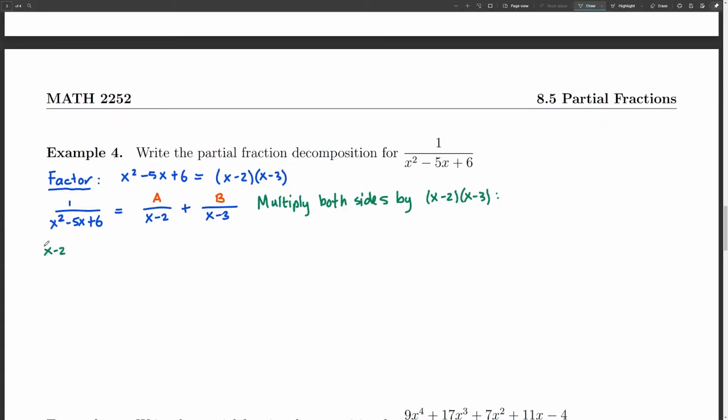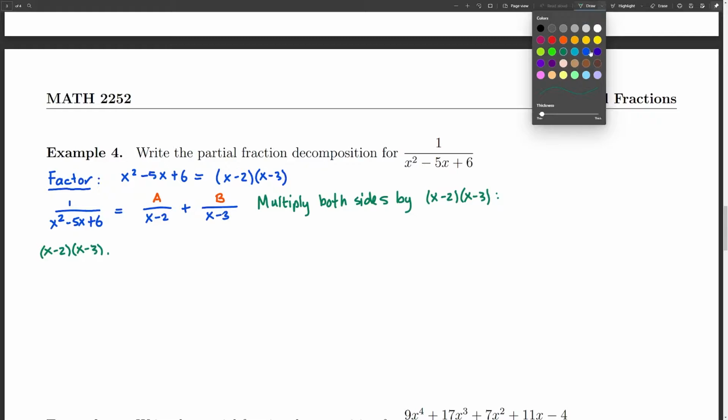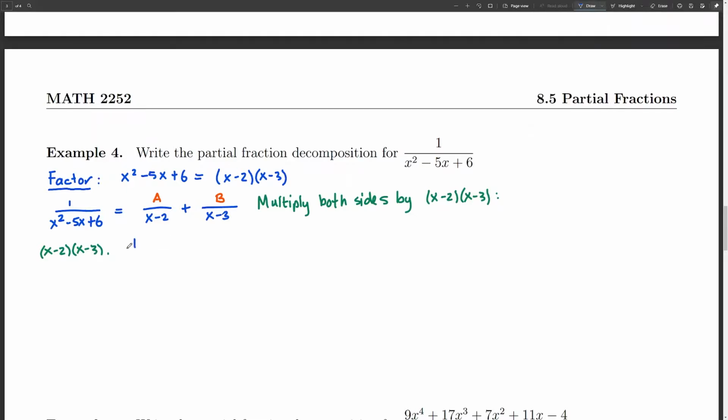So x minus 2 times x minus 3 times the 1 over x squared minus 5x plus 6 equals a over x minus 2 plus b over x minus 3.